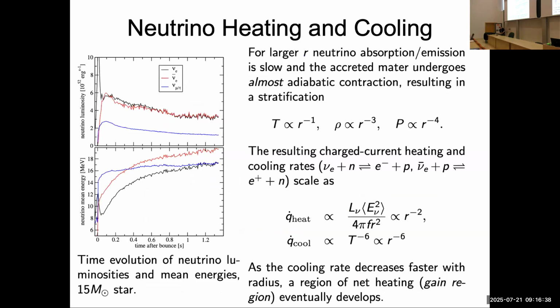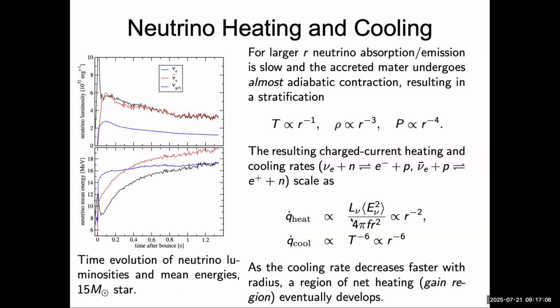All right, so the neutrino heating emerges simply because of the effective radial dependence of the heating and cooling terms. If you have neutrinos streaming off from the neutron star surface, the energy density of the neutrino radiation field will go roughly with 1/r², modulo the flux factor, the ratio of the neutrino flux and energy density.